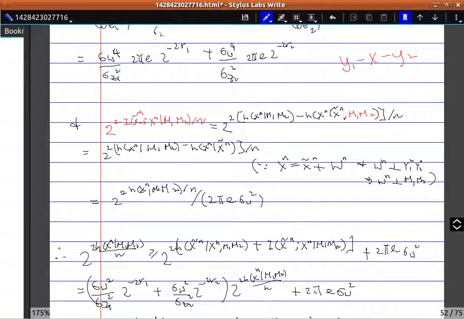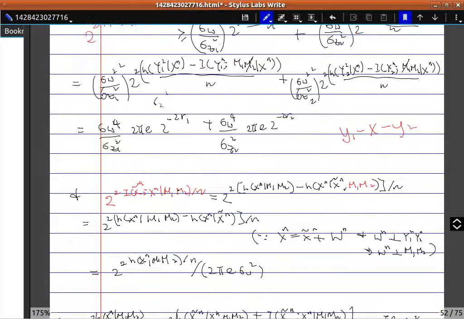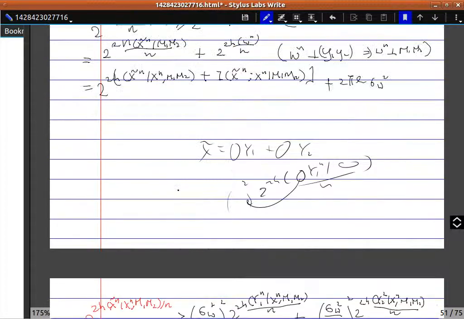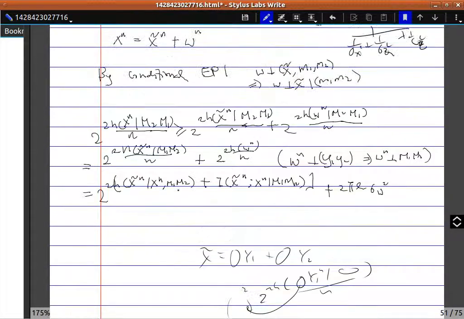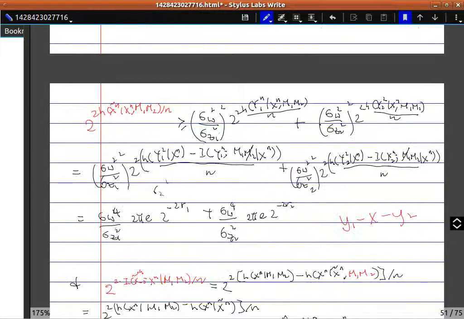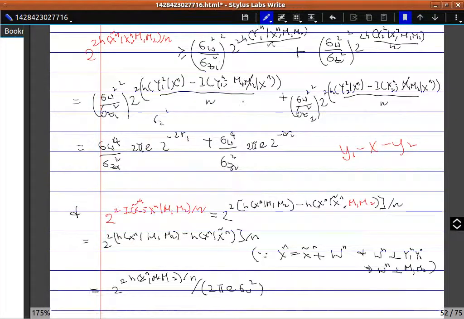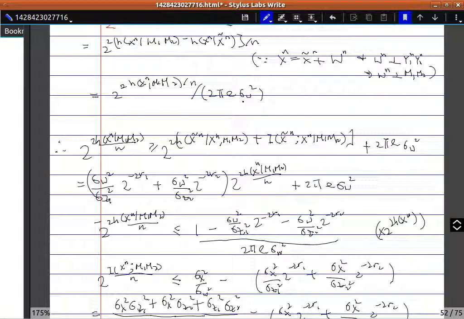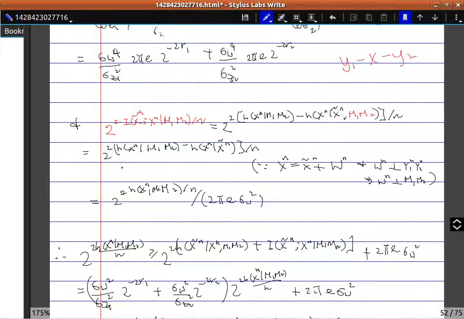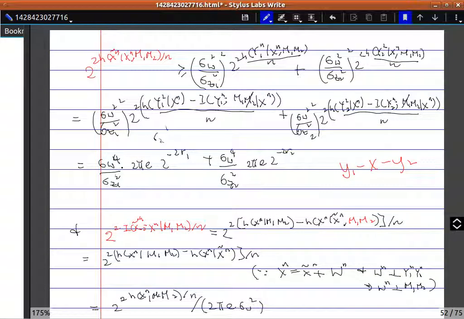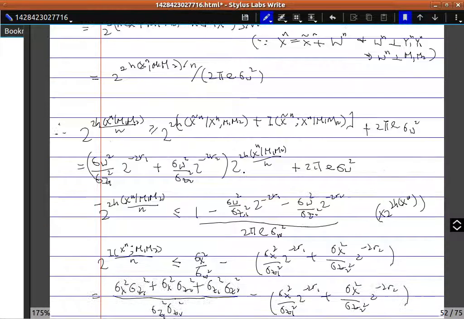So we find both of these terms here. Let's see, not these two terms. Yes, should be these two terms here. Then we can now substitute that back, and we have this bigger than or equal to that, and we substitute this one here into here, and this one here into here.